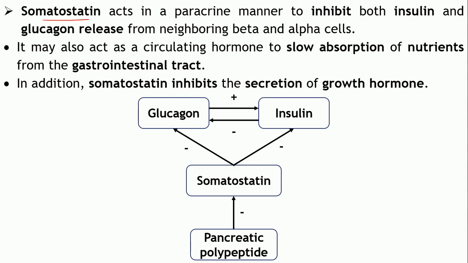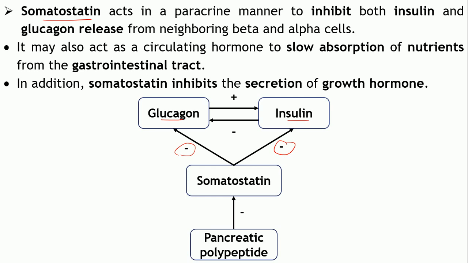Coming to somatostatin, the third hormone. The main action of this hormone is to control the release of the first two hormones. As you can see, it is inhibiting the release of both glucagon as well as insulin from the alpha and the beta cells.